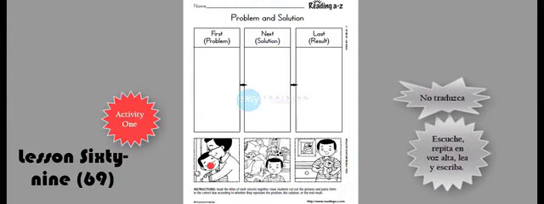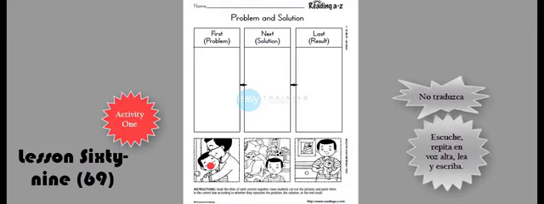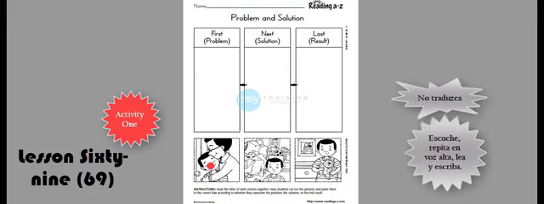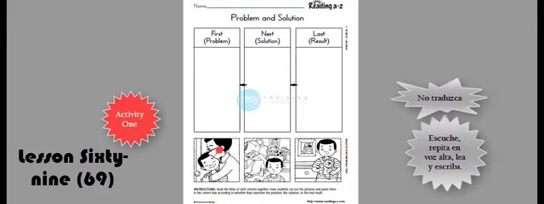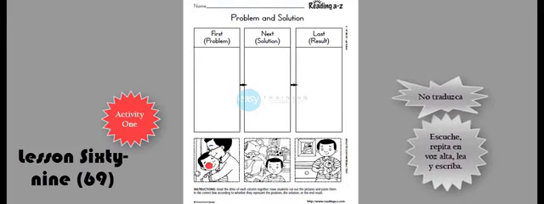Primeramente voy a describir cada uno de los pictures y después entonces procederé a trasladar cada una debajo del título correspondiente. In this picture we see that both the boy and his mother are happy.